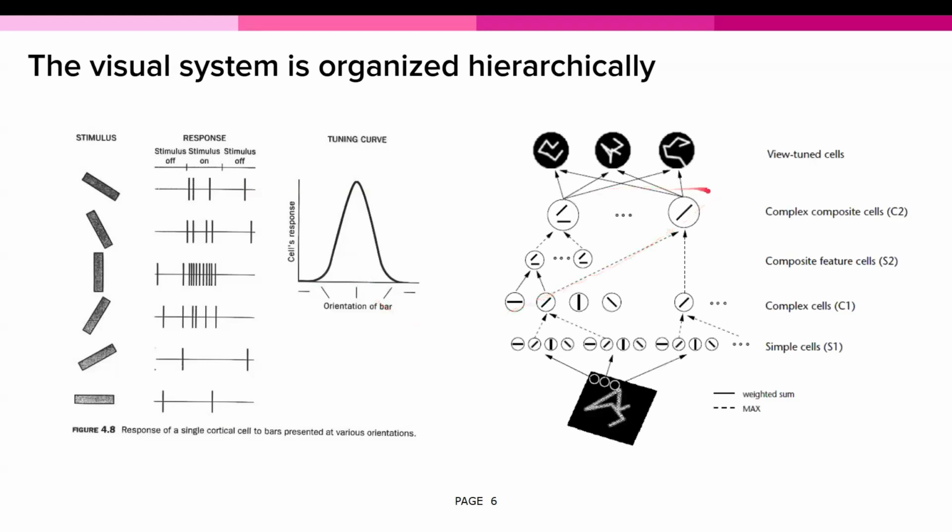But visual processing wouldn't be very interesting if it stopped at those simple cells. And by 1962, Hubel and Wiesel had characterized a counterpart to simple cells that they called complex cells. And they're broader in their selectivity. And so on the right here is a hierarchy in which complex cells receive input from several simple cells.